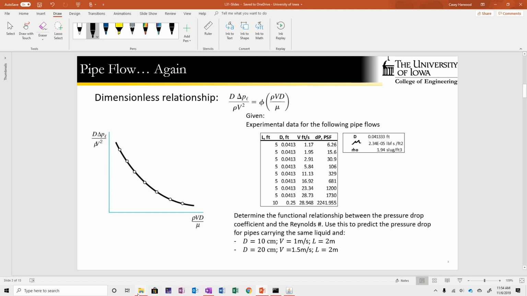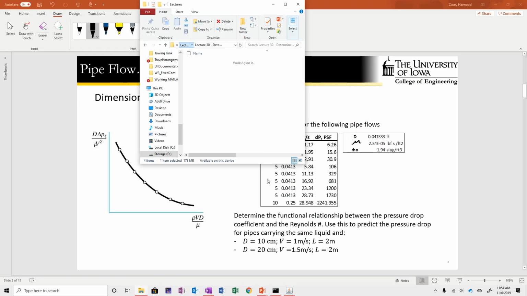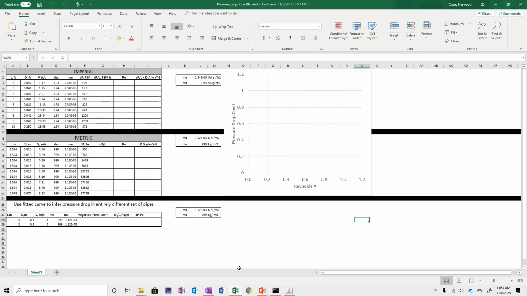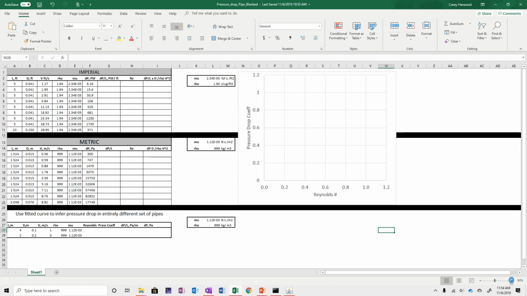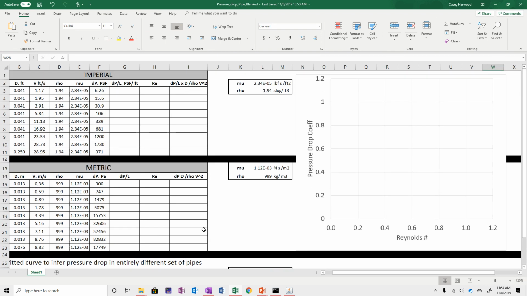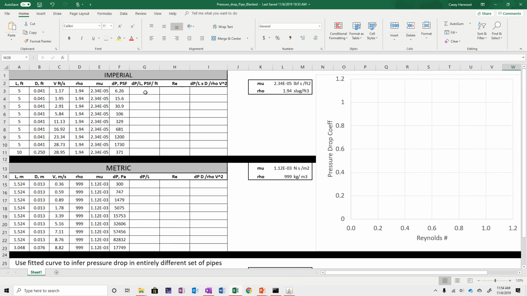So let me pull up a spreadsheet here, and let's see if I can make this a little bit more legible. So what we've got here is the same set of measurements that were tabulated on that slide.